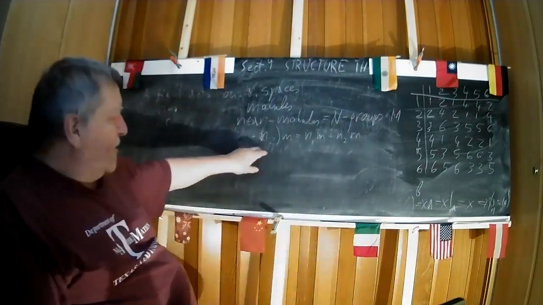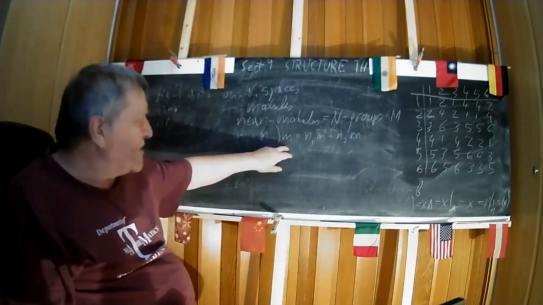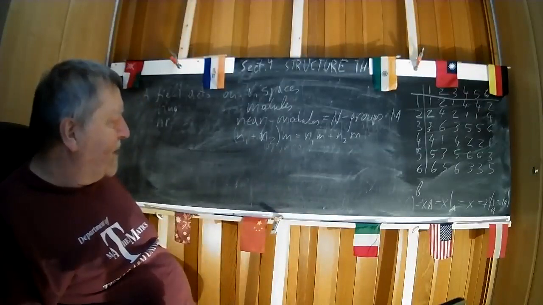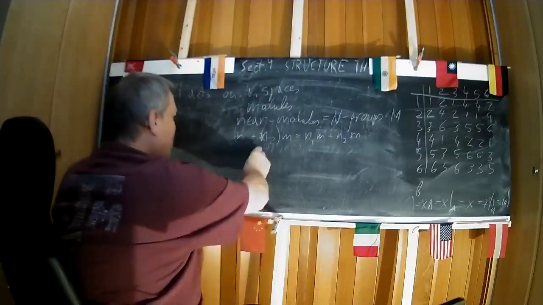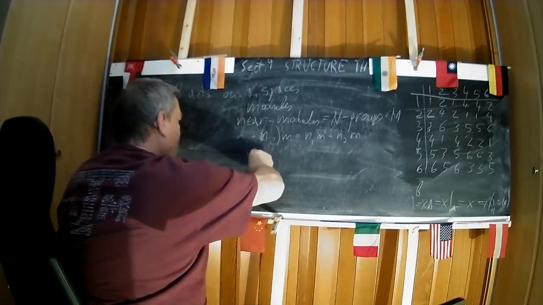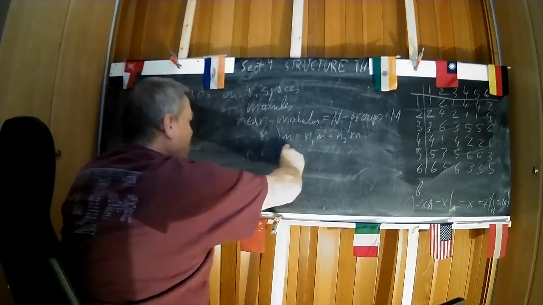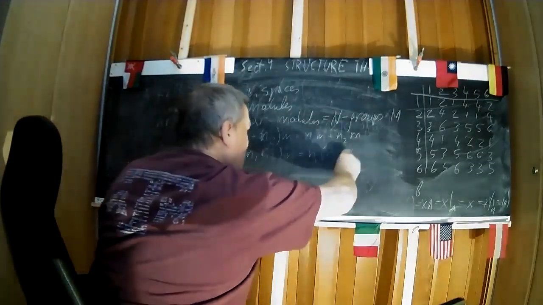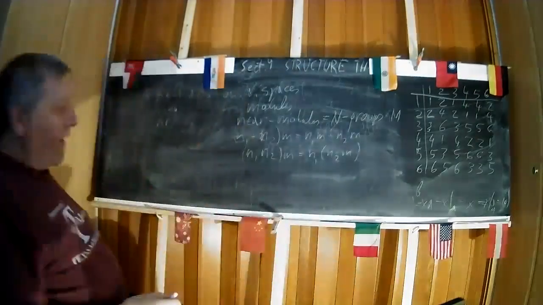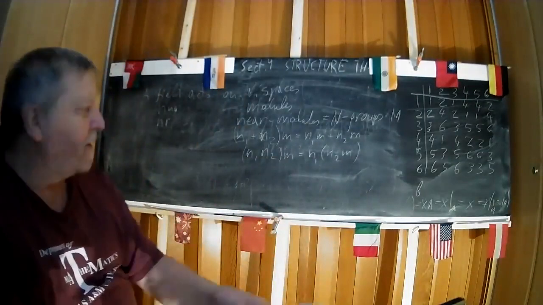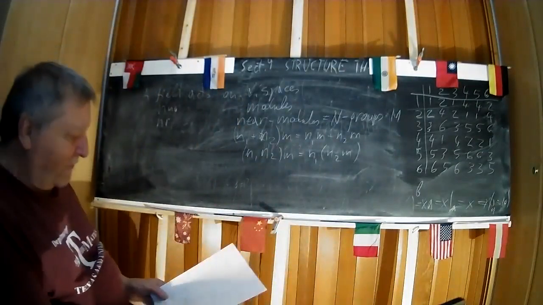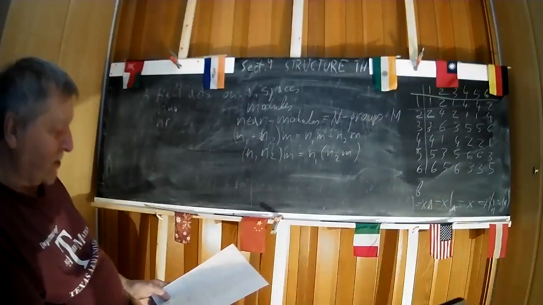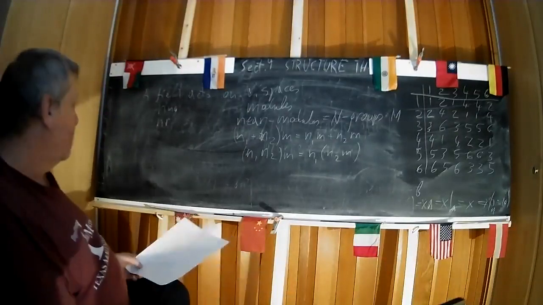And of course, we do not require that n times (m1 plus m2) can be distributed, so we leave it with the same distributive law. And we have the fact that (n1 times n2) times m is the same as n1 times (n2 times m). And so we get a very natural way to define this as an N-group or a near module. And there's a very nice example for that.